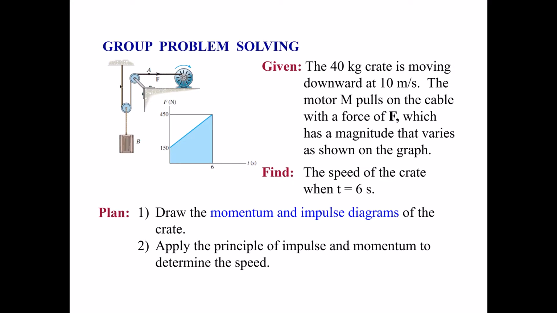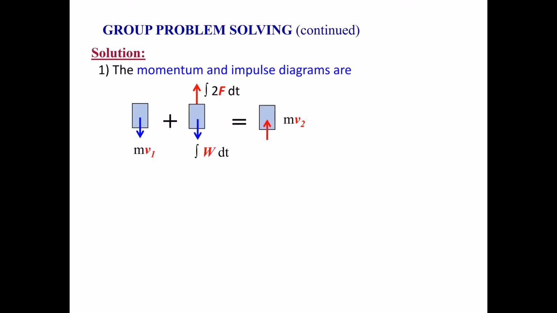And since it's the same cable, it's F here and F here, right? So it's the same tension pulling up. So it's double. And the distance, of course, is half of what it's going to travel, but the force is double, okay? Double the tension. So that's the 2F going up. And here's the weight going down. And then that's going to equal our final momentum, okay?